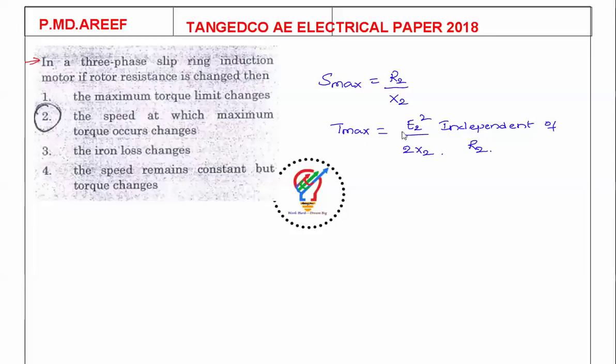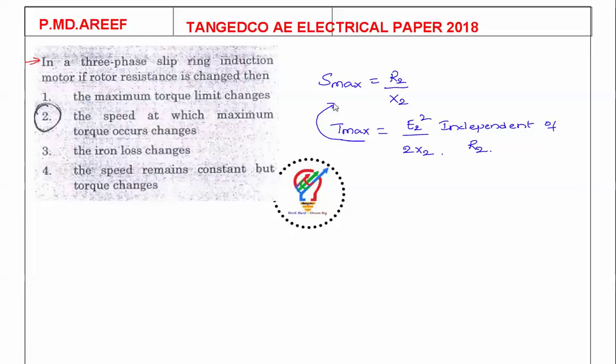Okay, now the maximum torque can be obtained by changing the reactance but not the resistance here, but the slip at which maximum torque occurs we can change. That means here if you want maximum torque at a particular slip, I can change, right? The speed at which maximum torque occurs changes, but the maximum torque does not depend upon it.